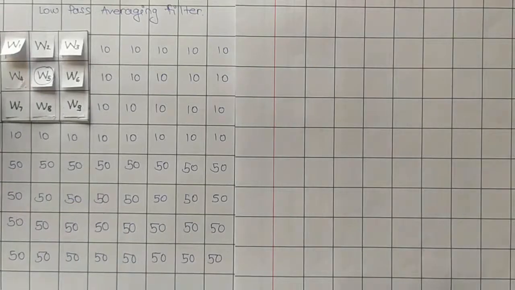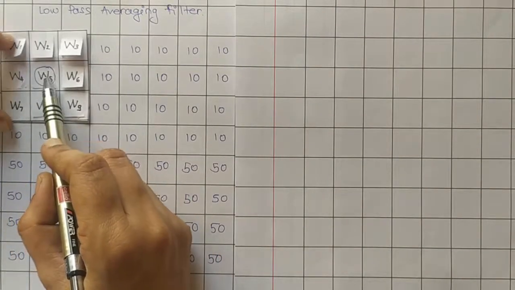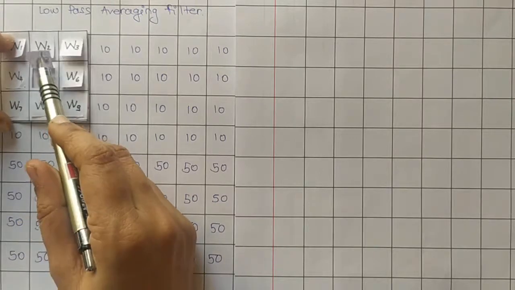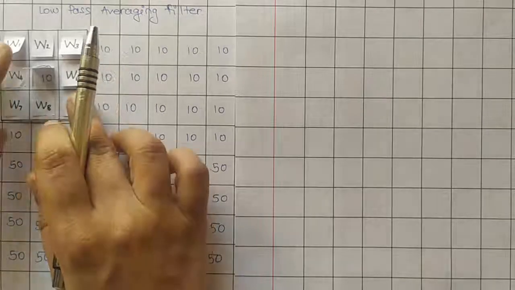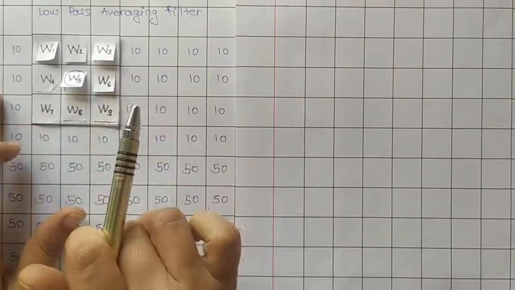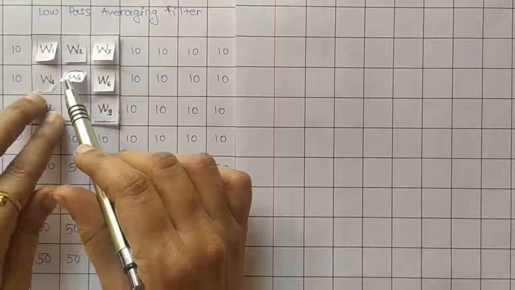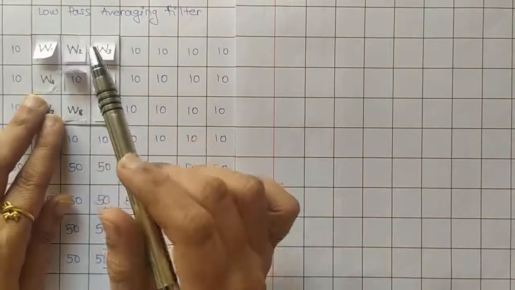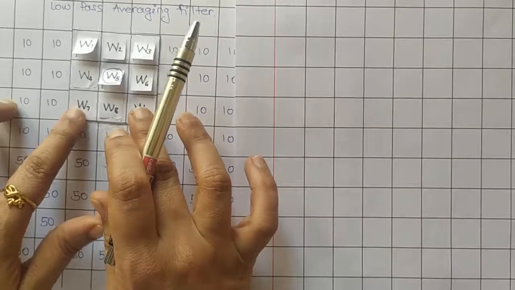We put our result at the center of the mask, that means at this location. After doing this, we move the mask to the right by one position and follow the same procedure again. We replace this pixel by the result, and again move the mask by one position.